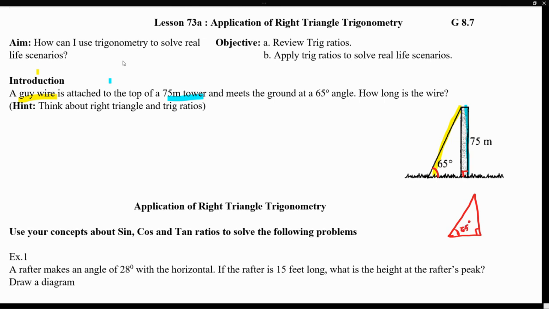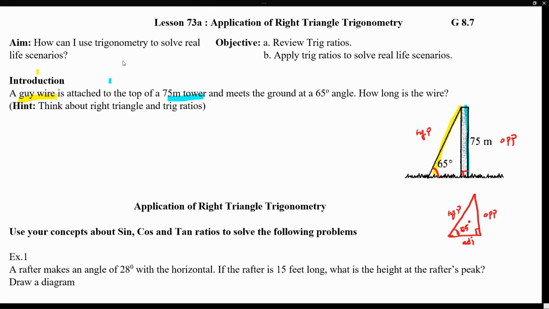This is my opposite because this is the angle of reference. This is my hypotenuse and this is my adjacent. And notice that what we want is the length of the wire, in other words, the hypotenuse of this right triangle, and what we do have is the opposite of this 65 degrees.